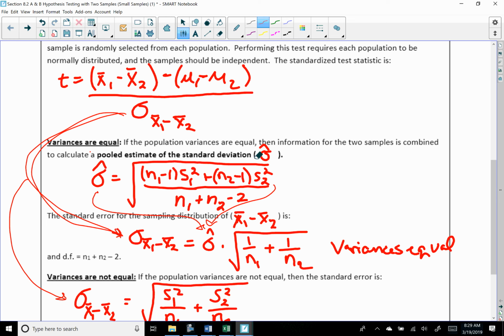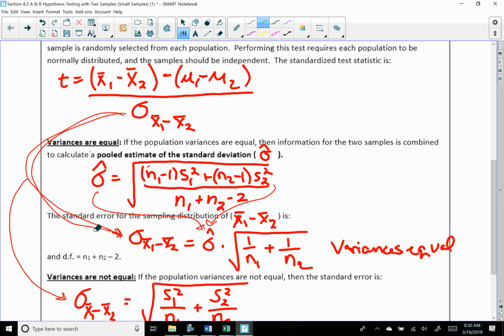And that's sigma hat, right? So standard deviation hat, or sample standard deviation. It's pooled, that's what they call pooled or combined. And you calculate it by taking the square root of n1 minus 1 times s1 squared plus n2 minus 1 times s2 squared, all over n1 plus n2 minus 2. So this is a pooled standard deviation or estimate.